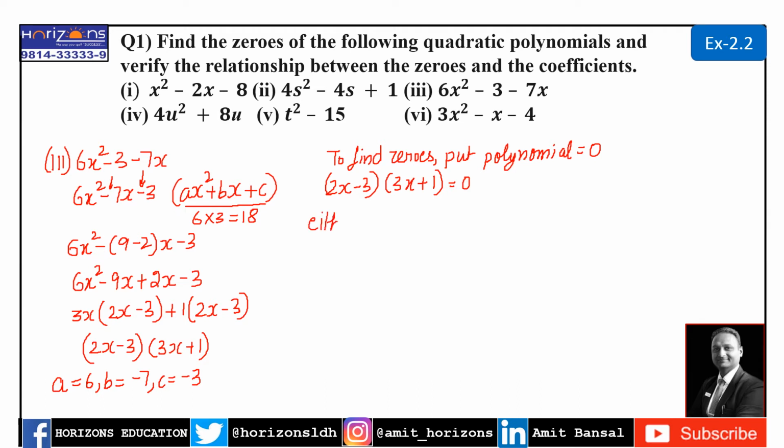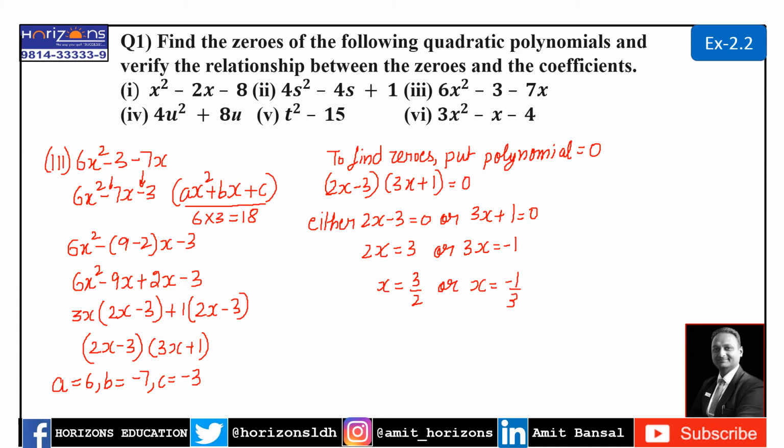So either 2x minus 3 equal to 0 or 3x plus 1 is equal to 0. Either 2x is equal to 3 or 3x is equal to minus 1. Either x is equal to 3 by 2 or x is equal to minus 1 by 3.